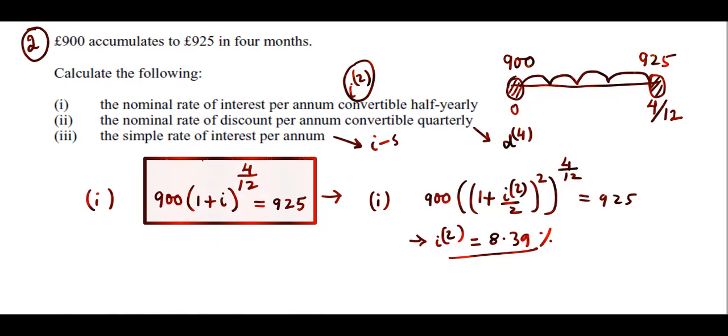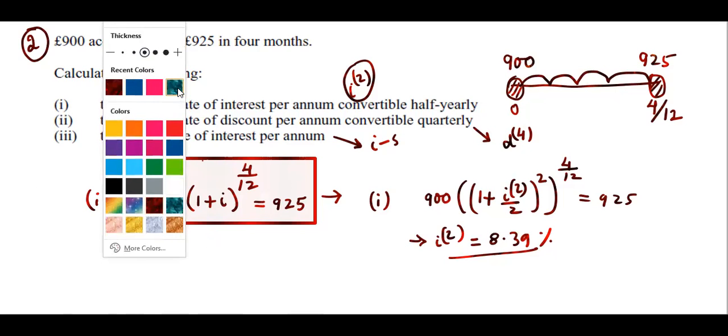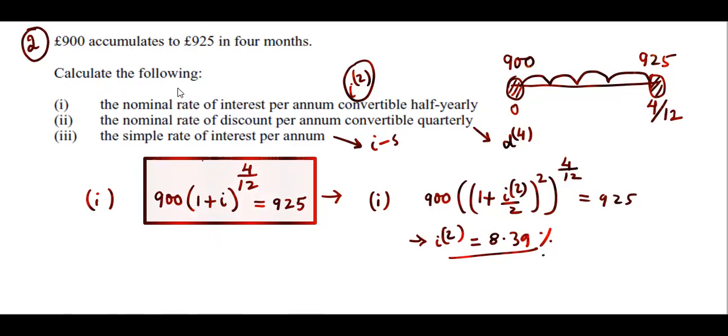We would like to answer in one line. So if you want to do that, you directly write something where D4 will come. So 1 plus I is 1 minus D power minus 1. 1 upon 1 minus D. 1 minus D is V. V is 1 upon 1 plus I. So remember, there is a link between these two.